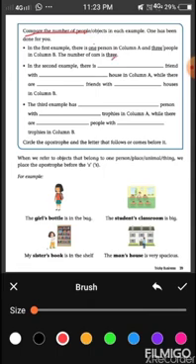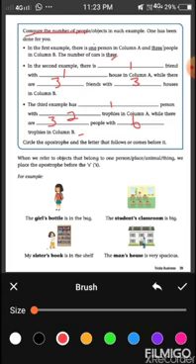In the second example, there is one friend with one house in column A, while there are 3 friends with 3 houses in column B. The third example has one person with 2 trophies in column A, while there are 3 people with 6 trophies in column B. Circle the apostrophe and the letter that follows or comes before it.